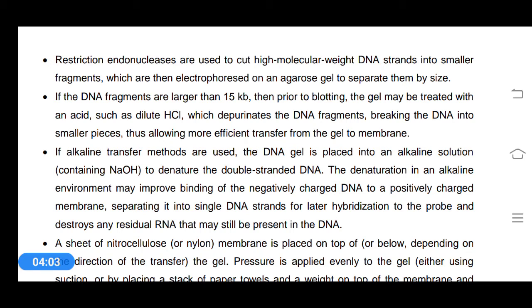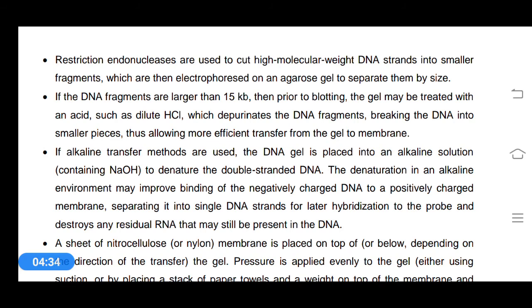By alkali treatment we make the DNA more negative, so that it can easily attach to the positively charged membrane, and DNA strands will also be properly hybridized to the probe.